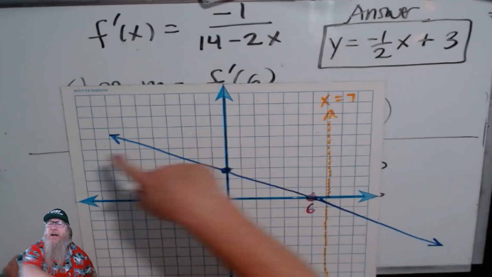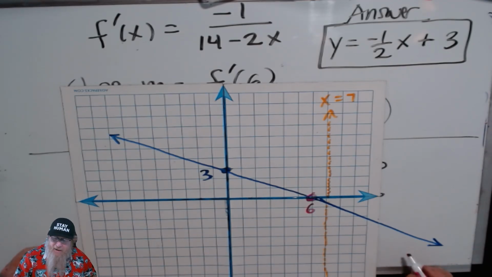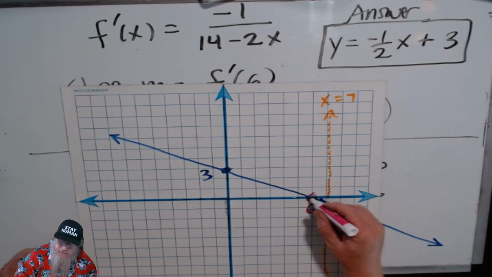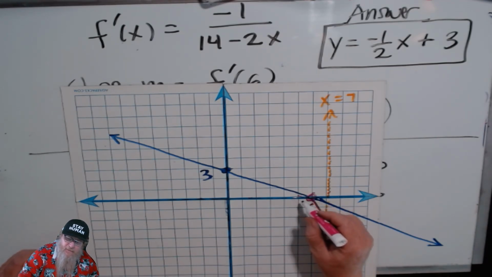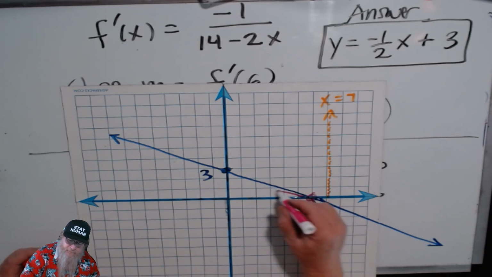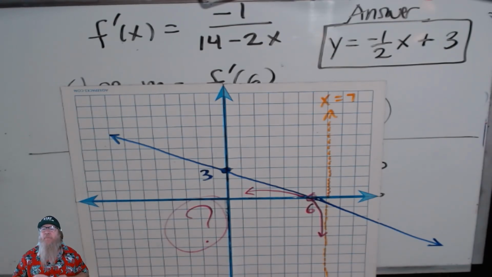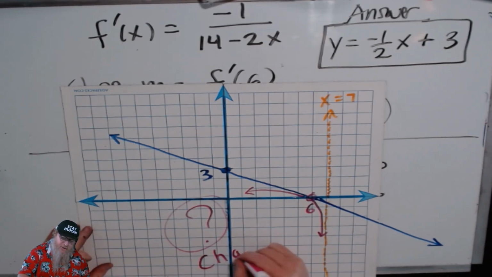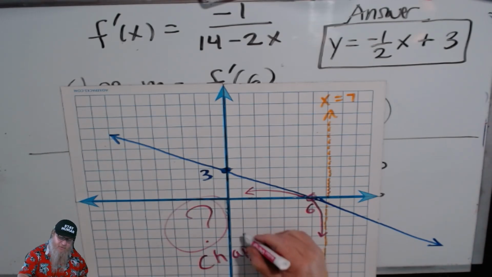That's the tangent line, this blue line here. And then at 6, the graph goes like this. And I don't know. We would need more information to see what the graph looks like, and that's going to be done in chapter 3. Coming soon.